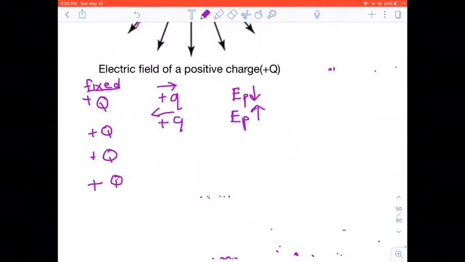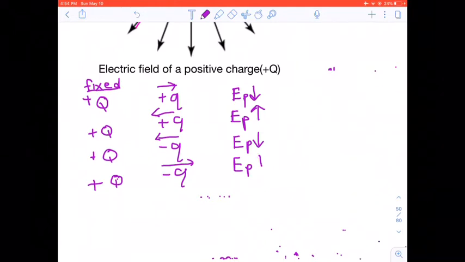If I have a charge Q negative, right, and it is moved towards the positive charge, we find that EP decreases. And if we have a charge which moves further away, EP increases.